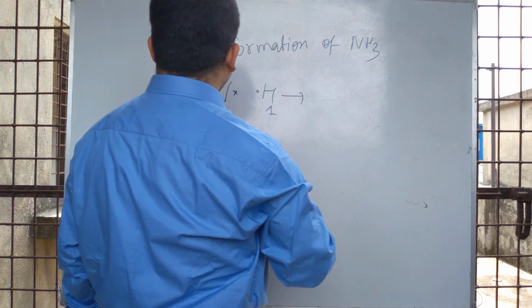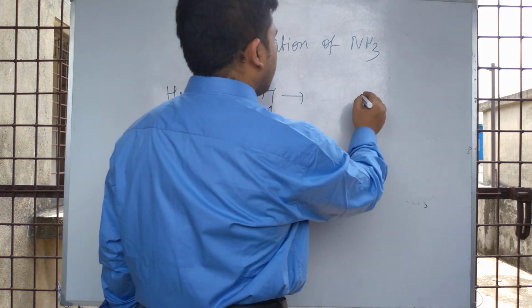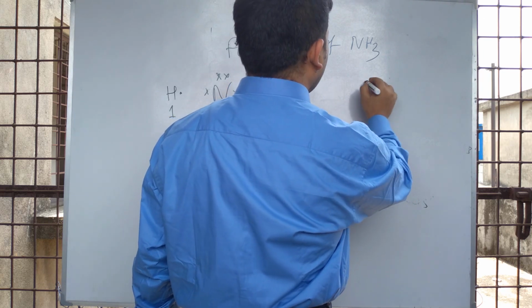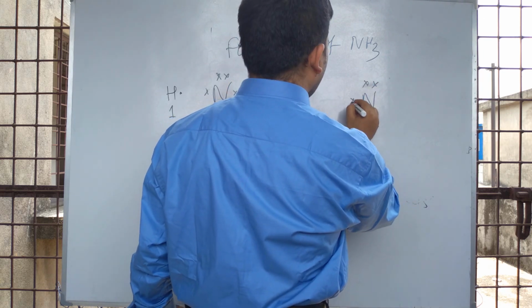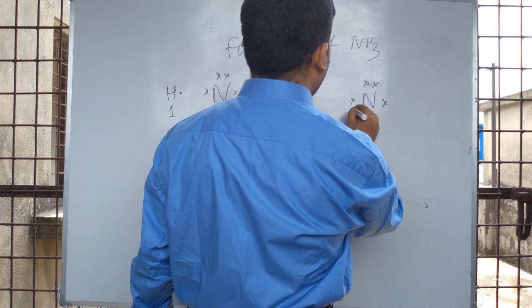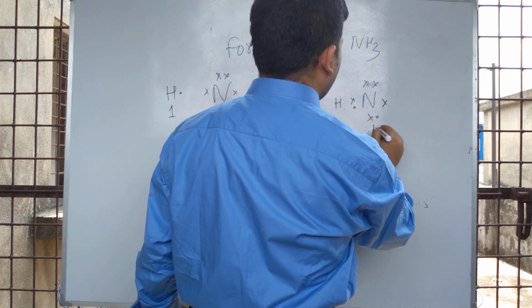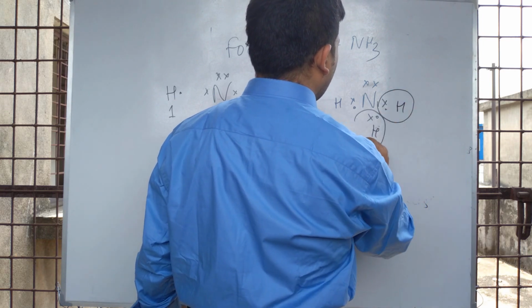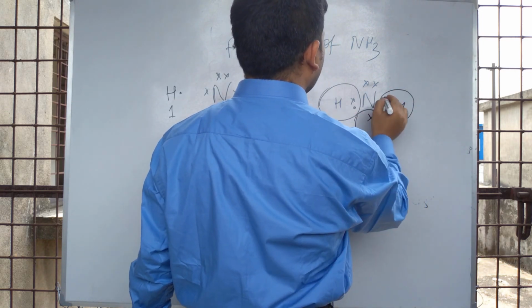So in this case, nitrogen has these 3 cross electrons, and these are electrons coming from hydrogen, 1, 2 and 3.